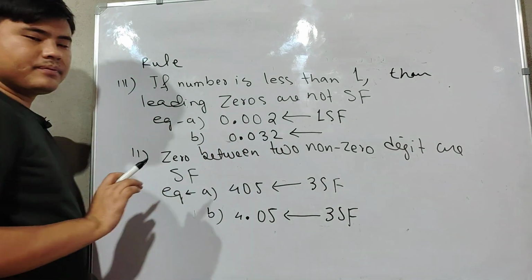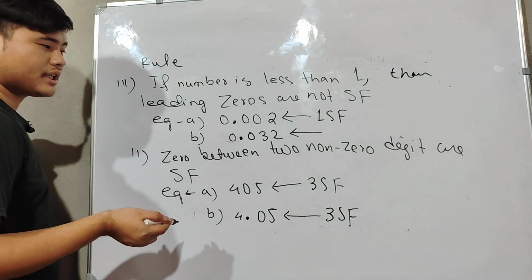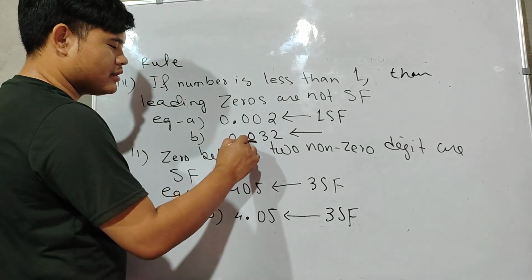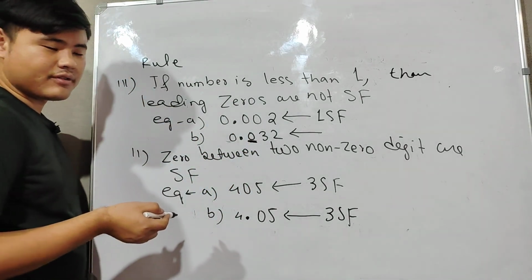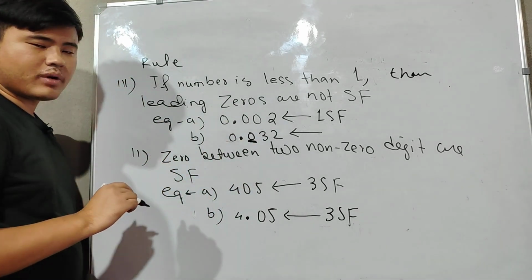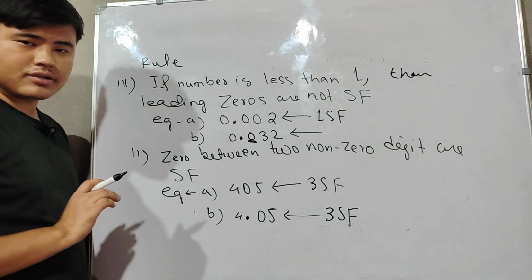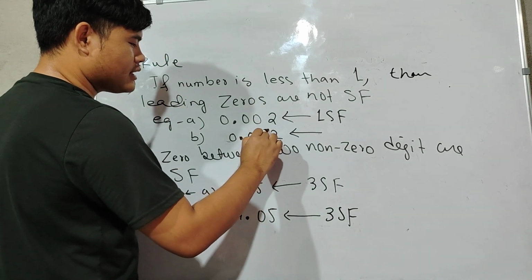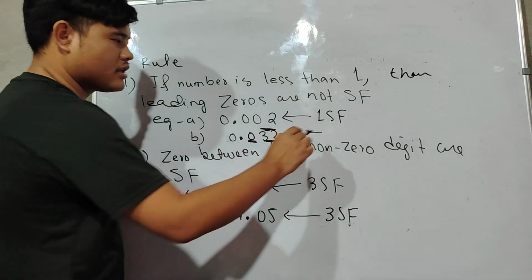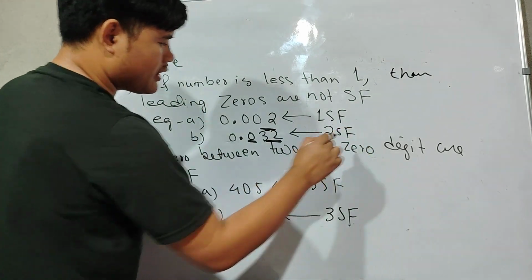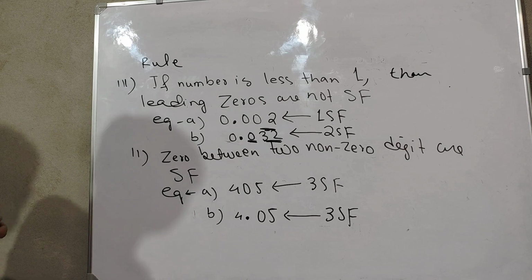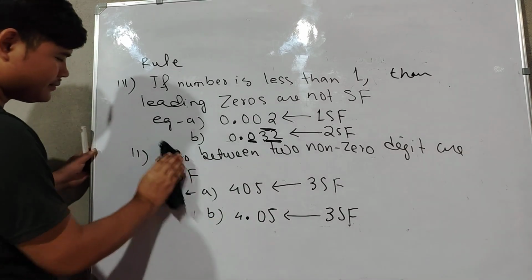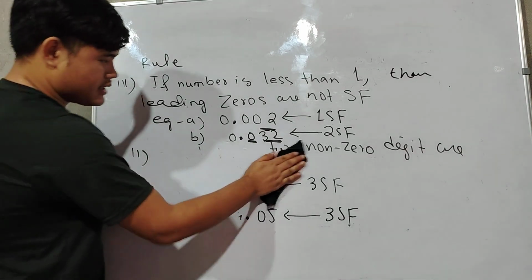This 0 will not be counted as a significant figure because the number is less than 1 and these are leading zeros. Only these are the significant figures, so we counted 2 significant figures here. Okay, next, let's see.